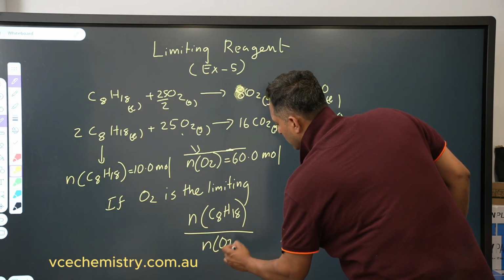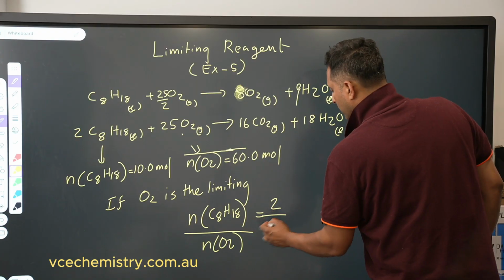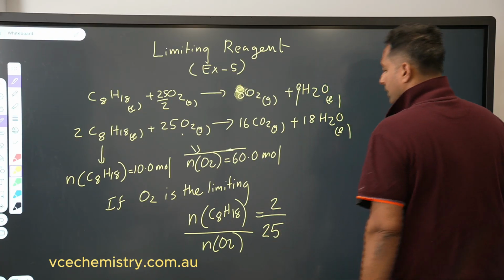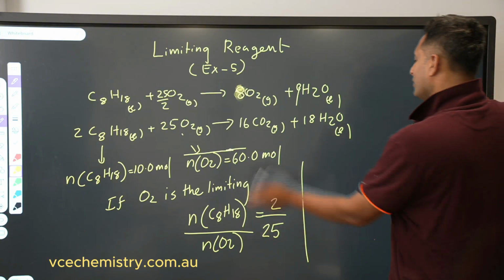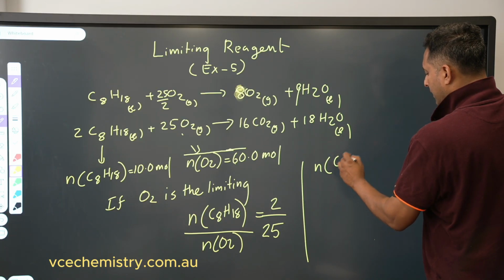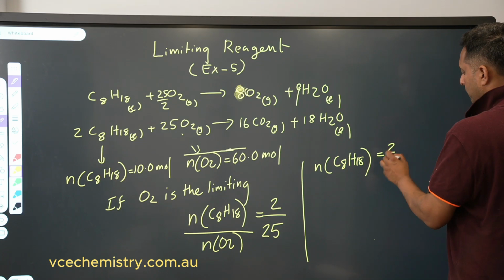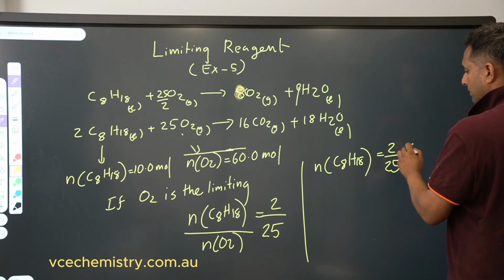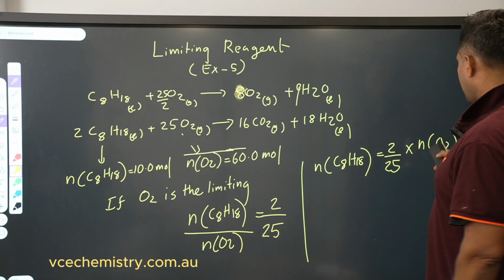This is O2. What's the ratio? 2 to 25. Then what do you do next here? You find out the number of moles of octane: 2/25 times the number of moles of O2, our limiting.